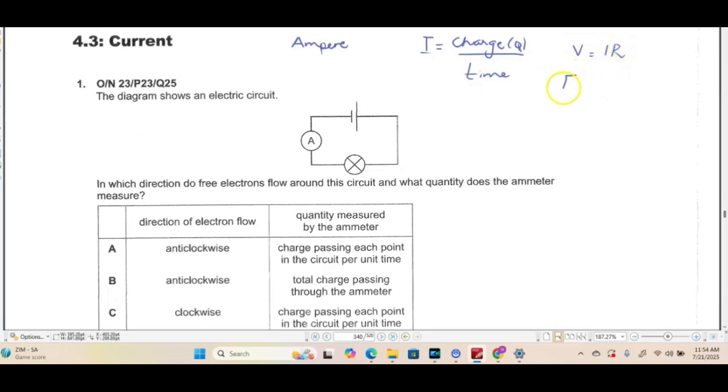And then we have another formula that is not used that much, but still, E is equal to VIT. These are the formulas that are mostly associated with current. So if you know these formulas, you are going to be doing these questions easily.